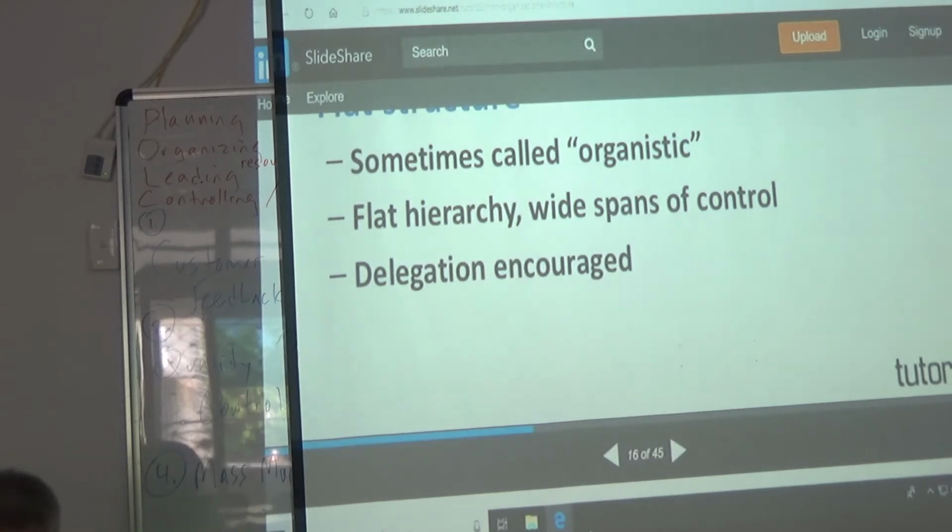So team is not really a structure, it's a strategy inside a structure, and typically with flatter structures. Although you could put a team into a taller structure to try to get more creativity, which is what I was saying yesterday.